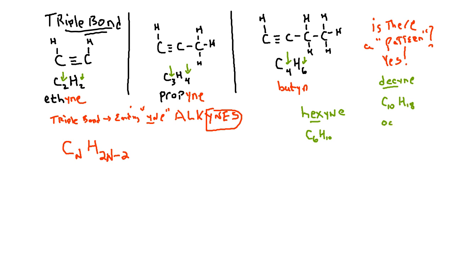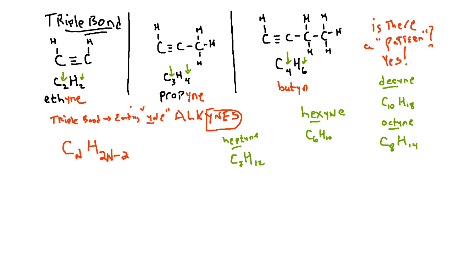Octyne, well, oct is 8. 2 times 8 is 16, minus 2 is 14. Heptyne, well, hept is 7. 2 times 7 is 14, minus 2 is 12.